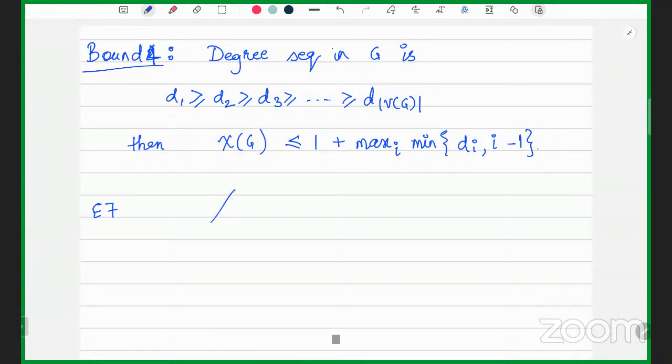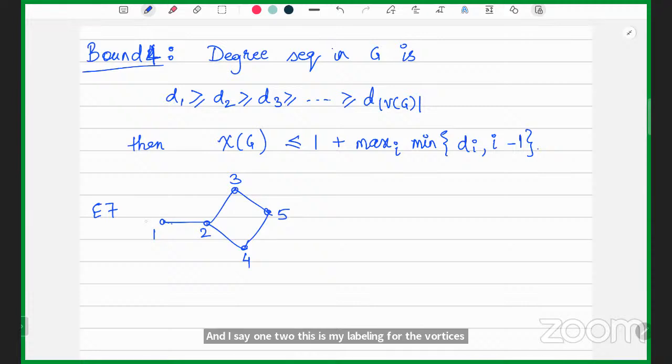If, let's say, I look at this and I say 1, 2, this is my labeling for the vertices. Then, as per my algorithm, I put the first color on the first available vertex.